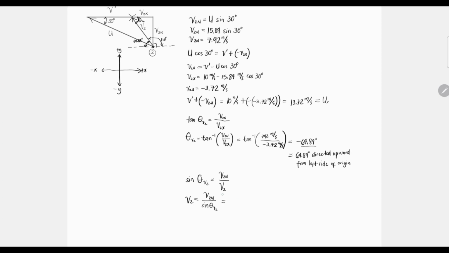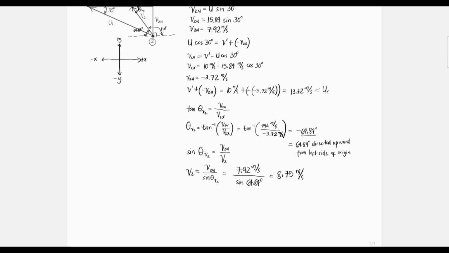The value of v2n is 7.92 meters per second, over sine of the absolute magnitude of theta v2, that is 64.84 degrees. That is equal to 8.75 meters per second.